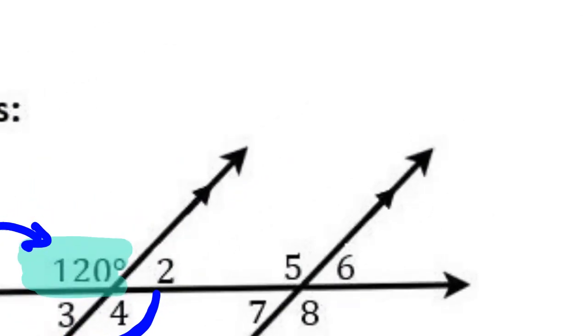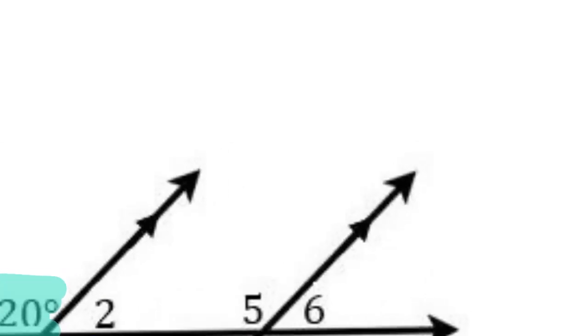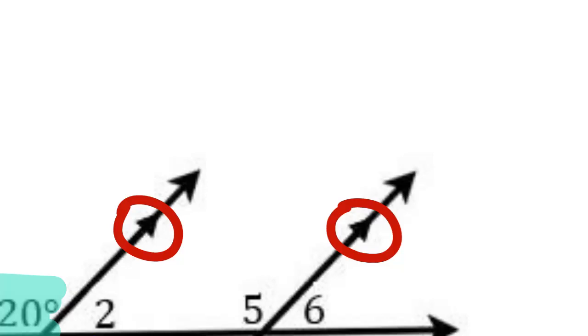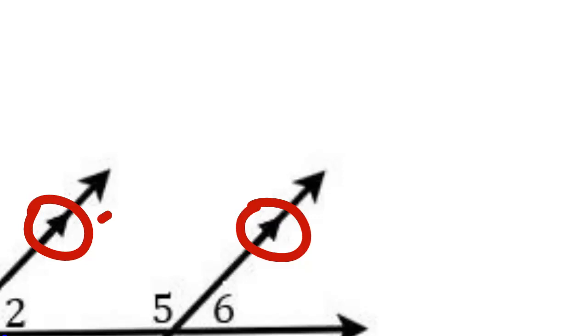I can always pick out vertical angles as being congruent. I see on this picture that we have an extra arrowhead on each one of these lines. Does anybody remember what that means? That they are parallel, yes.